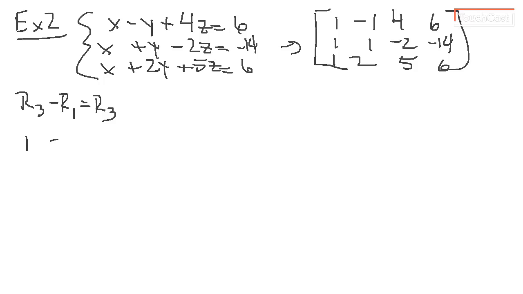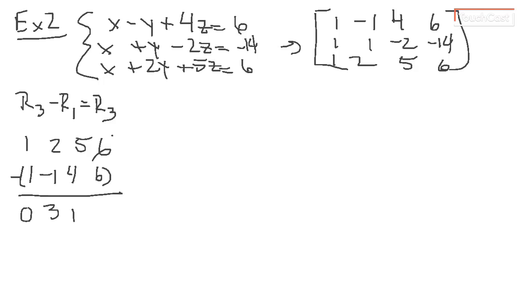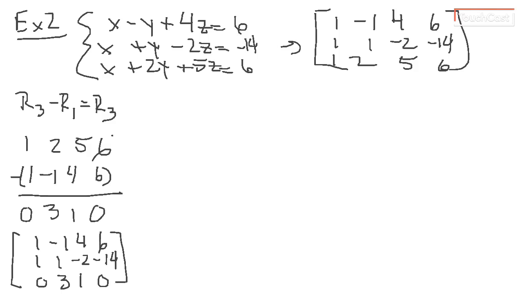So I'm going to go 1, 2, 5, 6, minus 1, negative 1, 4, and 6. So I'm going to end up with a 0, a 3, 1, 0, which means my matrix now looks like 1, negative 1, 4, 6, 1, 1, negative 2, negative 14, and then 0, 3, 1, 0.